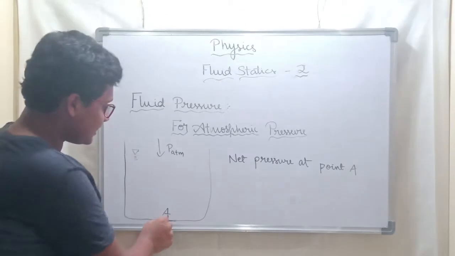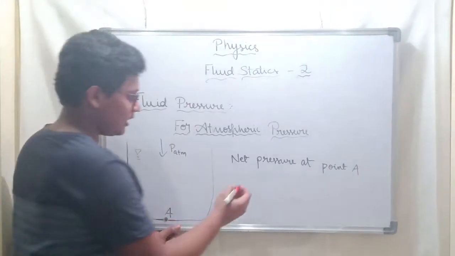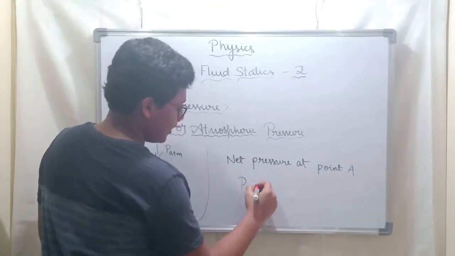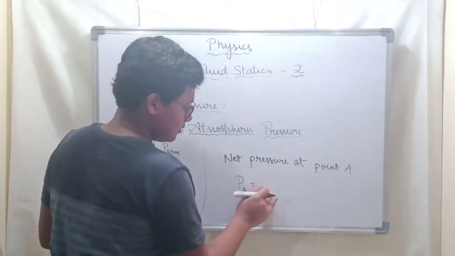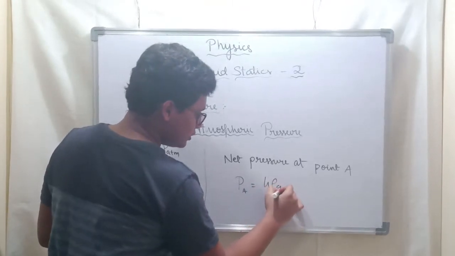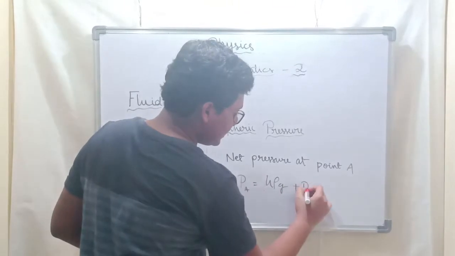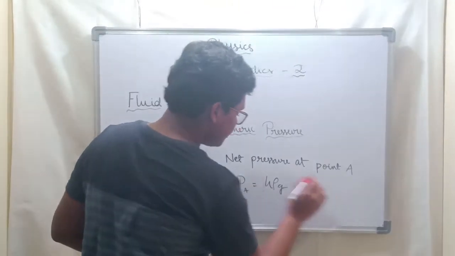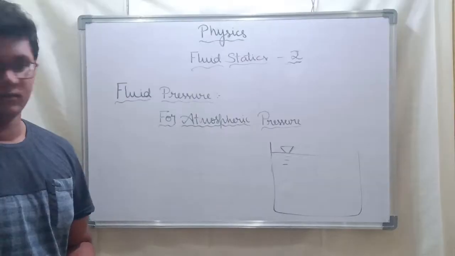So the net pressure at A, using the gauge pressure formula we learned, is rho g h plus P_atm, the atmospheric pressure. This is the net pressure at point A.